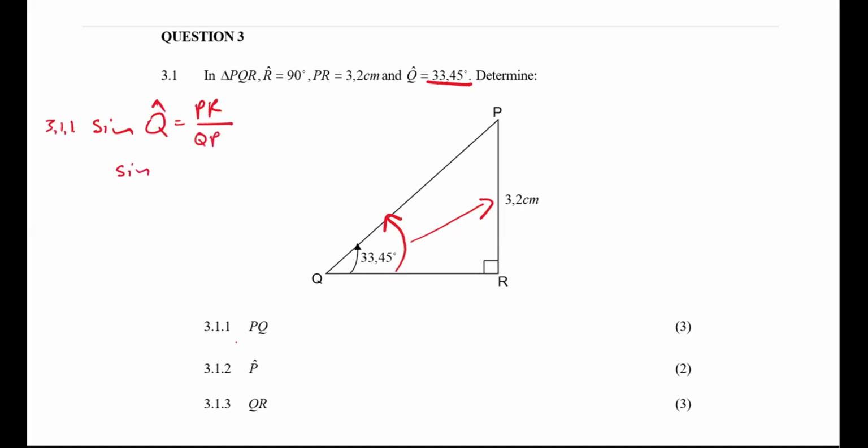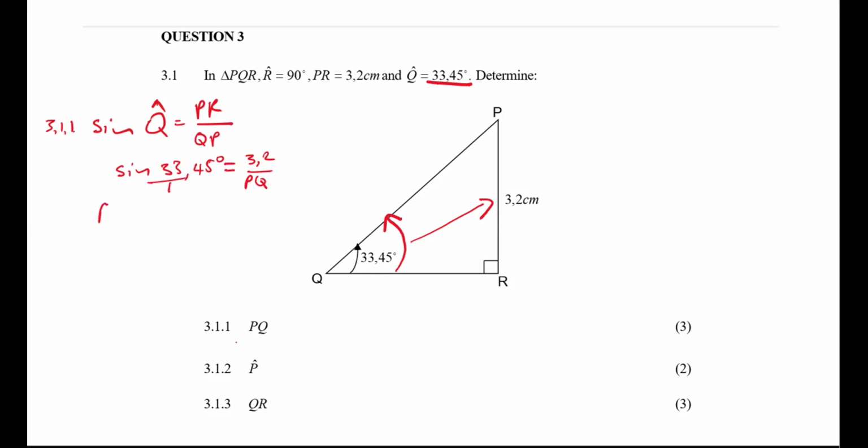Sine Q is equal to what? PR, which is the opposite side, over the hypotenuse, which is QP. So sine 3,45 degrees is equal to 3,2 over PQ. Then I cross multiply.